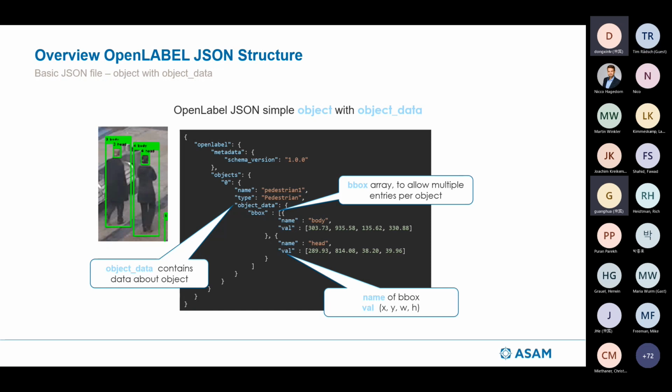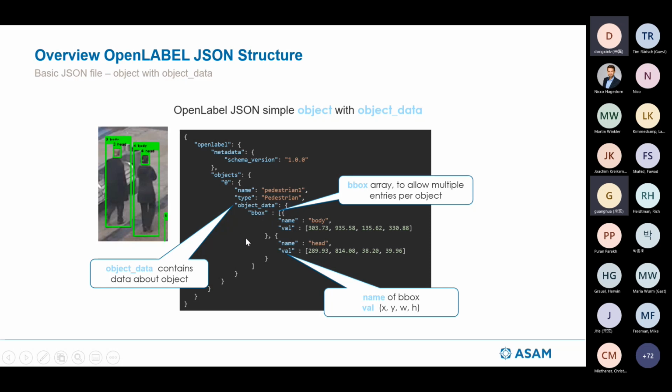Coming back to objects for one second, we have seen how to create objects and how to name them and define which type they are related to. But we also want to provide geometrical information. So that's the way to include information inside the object data fields.